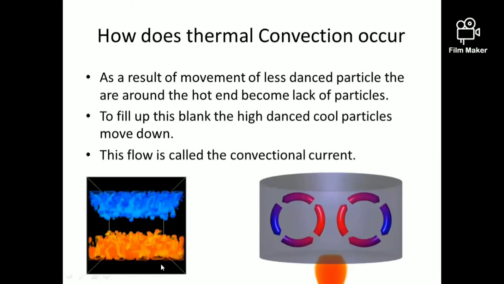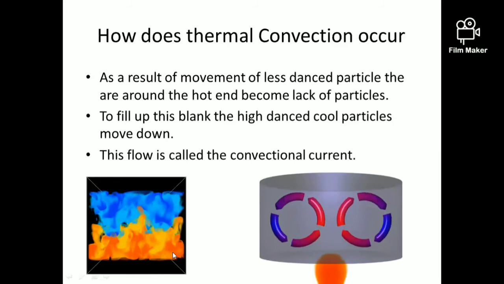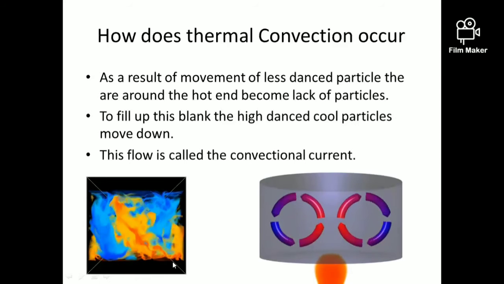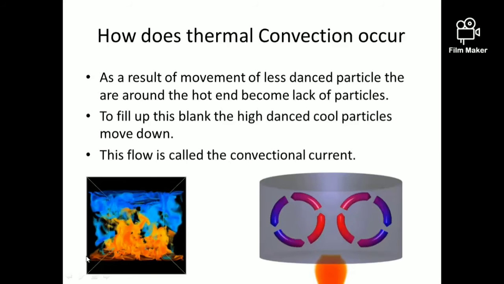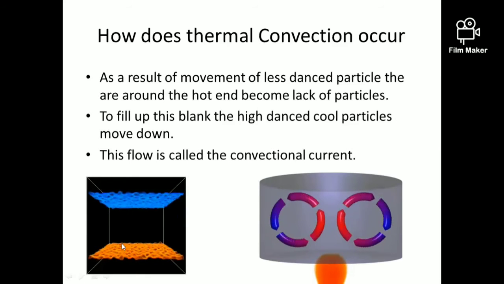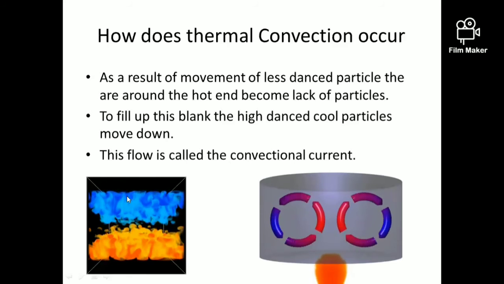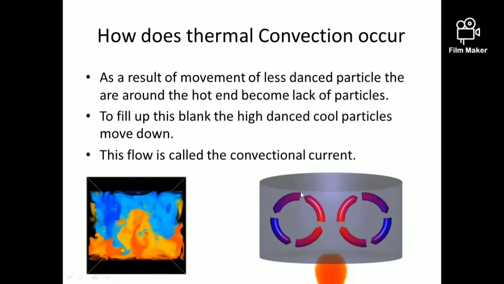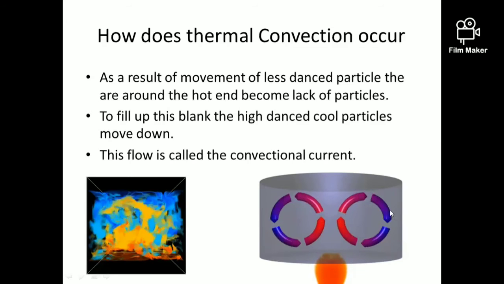When the hot substance goes up, this area has a loss of molecules or particles, which means a lack of particles. Then to fill up this lack of particles, the cool, high density particles try to come down. So this performs a process called a thermal convectional current.